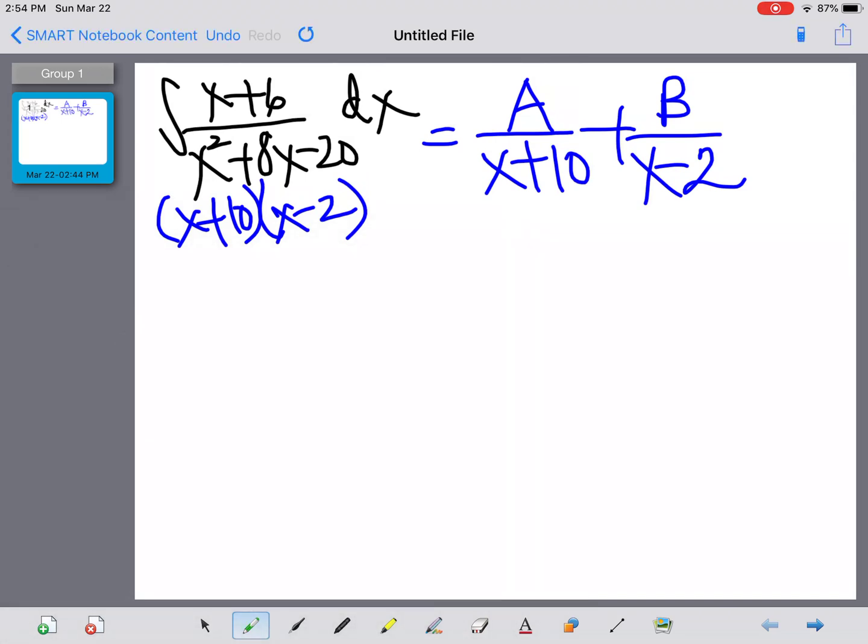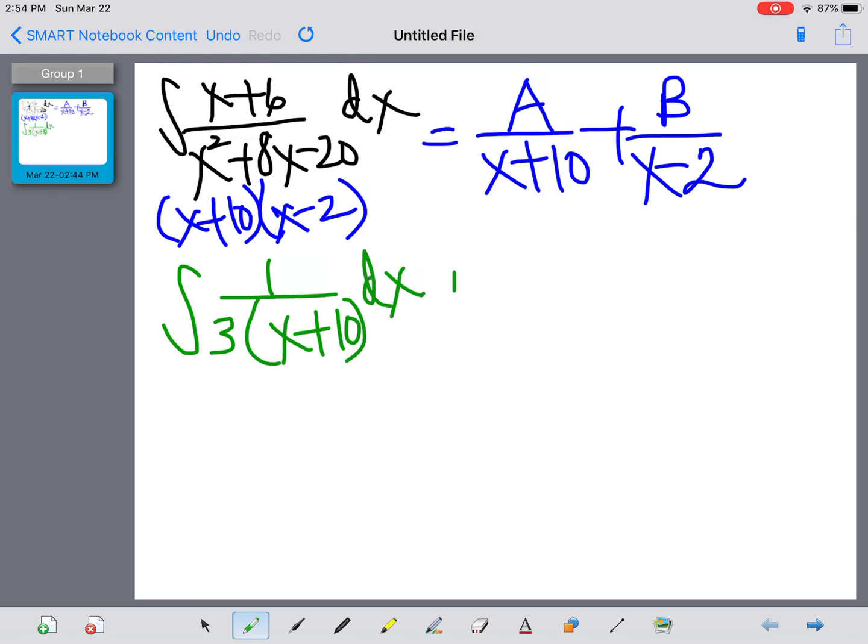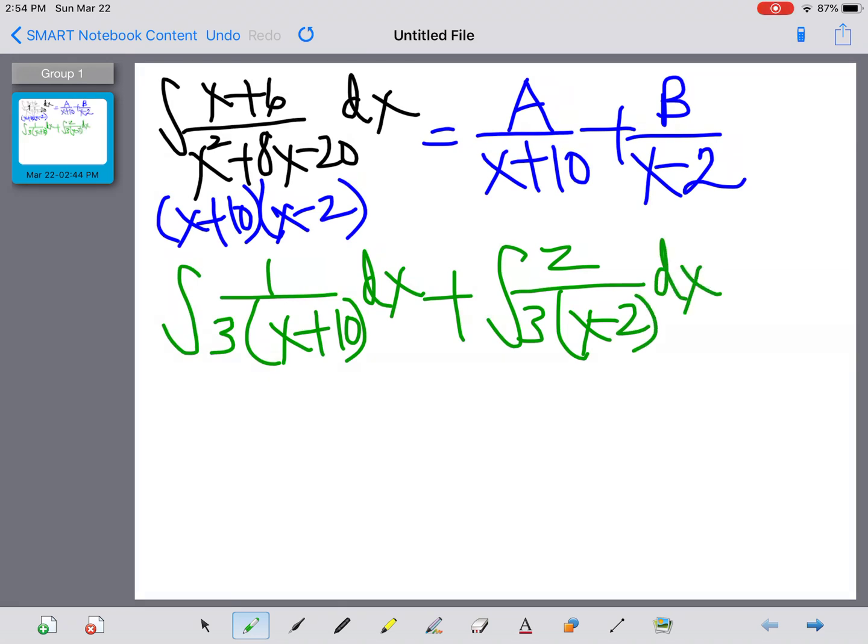Alright, so A was 1/3, so that would be the integral of 1 over 3 times x plus 10 dx plus the integral of B, which is 2/3, times x minus 2 in the denominator dx.